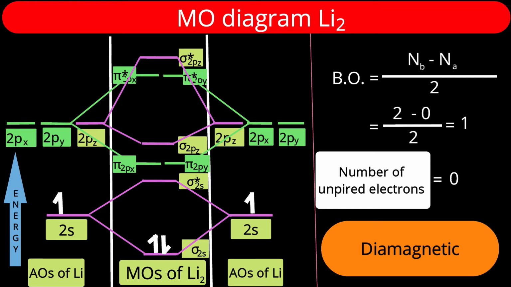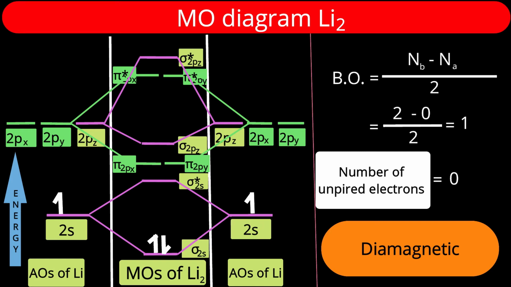But here the energetics is somewhat different. The decrease of energy of the bonding orbital is less than the increase of energy of the antibonding molecular orbital. This we say for low atomic number elements and their diatomic species. For that, the crossover is there. For that, the sigma 2Pz orbital is of higher energy than the bonding pi orbitals, than that of the pi sets.